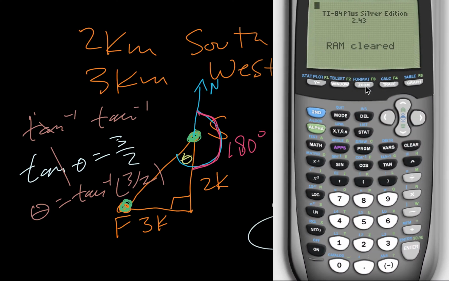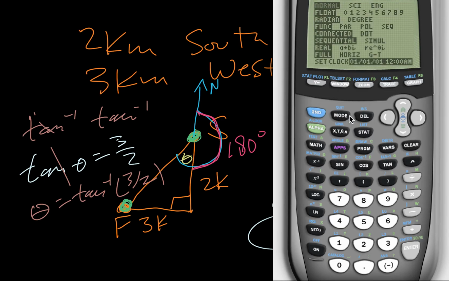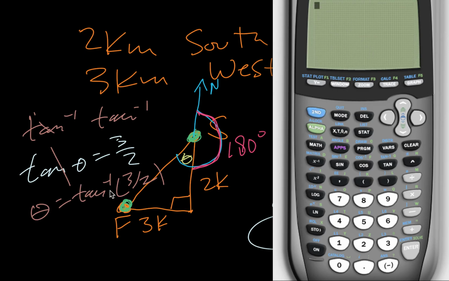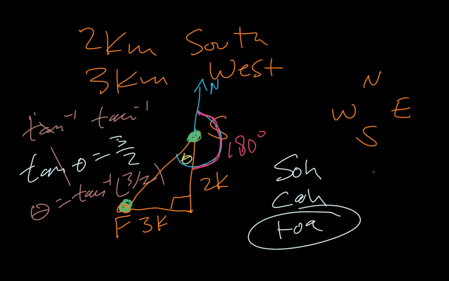Make sure you're in degrees for this, so we'll hit mode. You don't have to hit second. Mode, go down, change it to degrees, and then we type this in. So we have second tangent 3 divided by 2, hit enter, and we get 56.3.